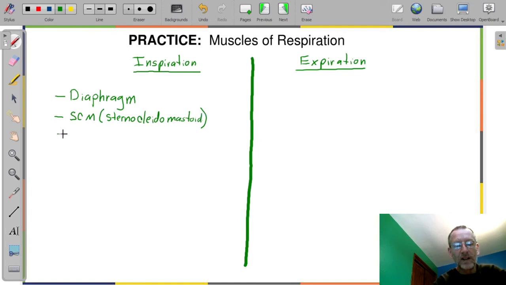Sternocleidomastoid, and we had the scalenes, and we had the external intercostals.